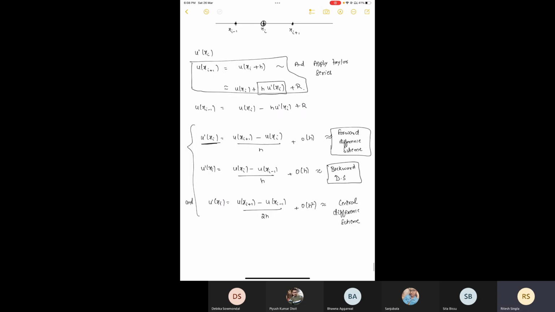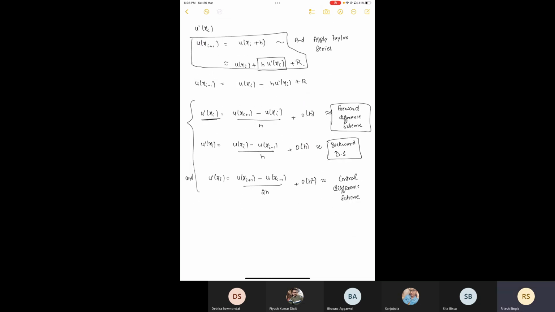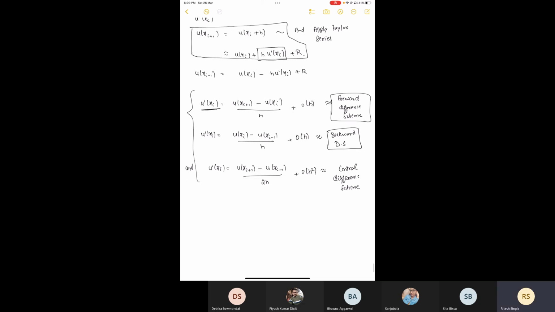In the central difference scheme, you depend on the approximate solution at the node before xi, u of xi minus 1, as well as the next node, u of xi plus 1.